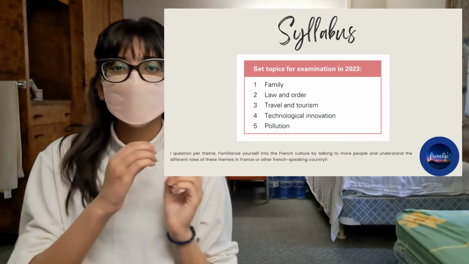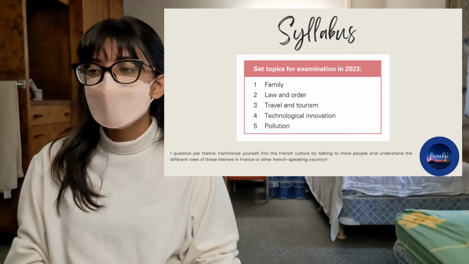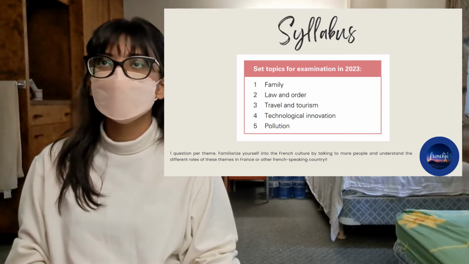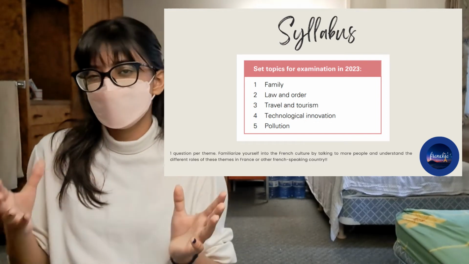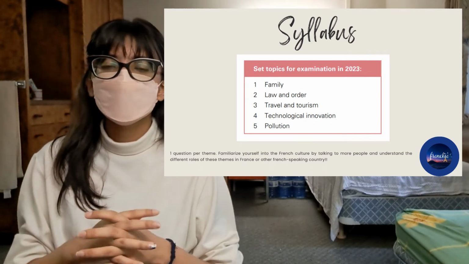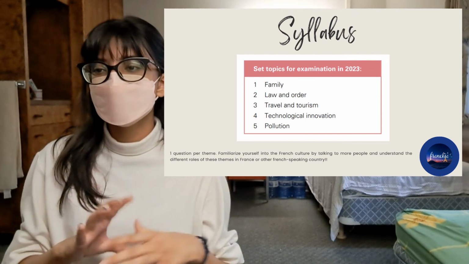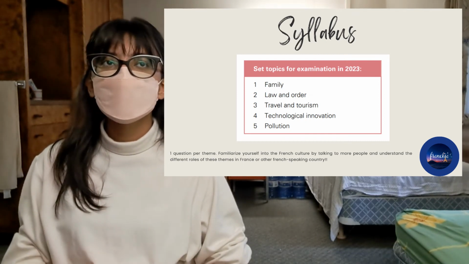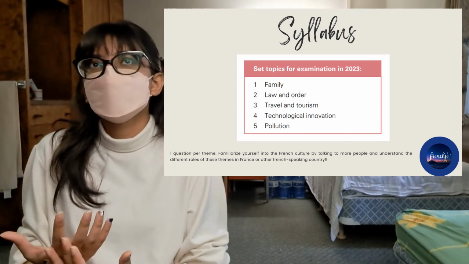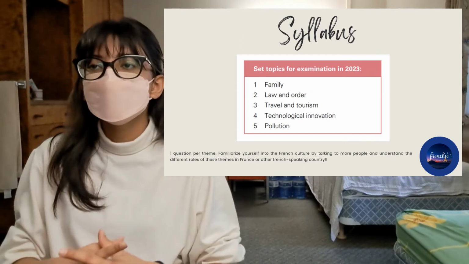Pollution links more to the environmental side, travel and tourism is more the touristic theme, law and order is more about justice, the legal system aspect, and family is more your personal area theme.